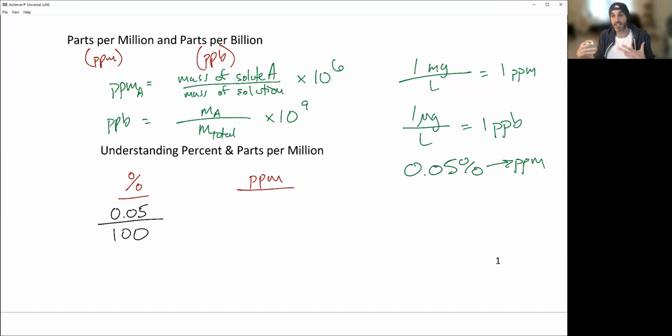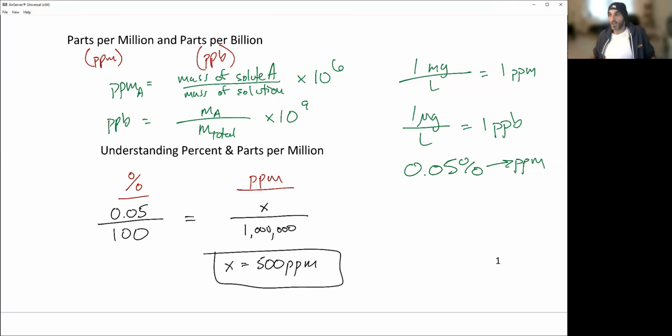So if we're trying to figure out how to convert a percentage into a part per million, all we're simply doing is setting up a proportion. 0.05 over 100 is equal to X amount over 1 million. Solve for X, and you end up with 500 parts per million.